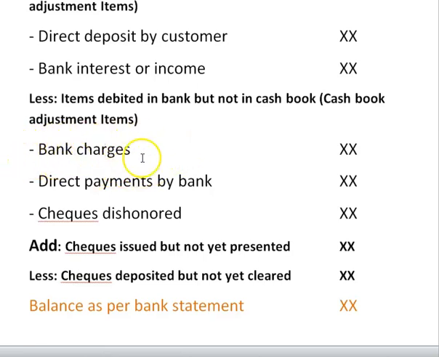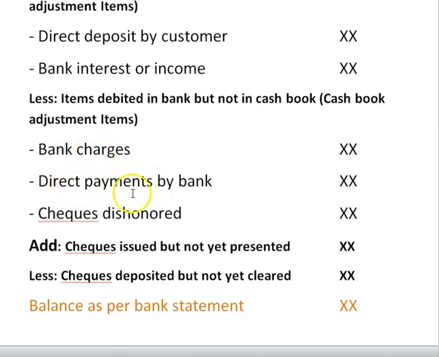The bank will charge you directly for certain interests and other charges and fees direct into your bank account without your notice. So in your cash book you don't have it, so you have to bring them here by deducting them. They are to be found on the debit side of your bank statement.